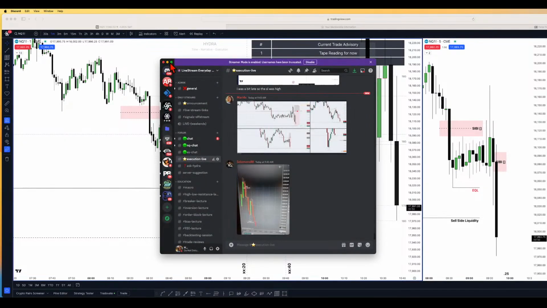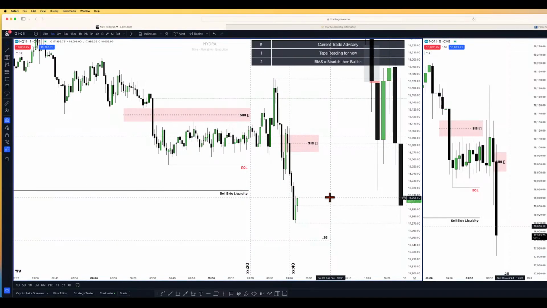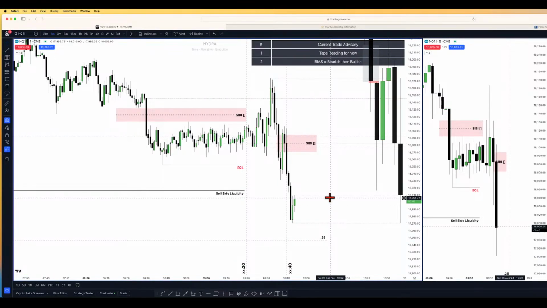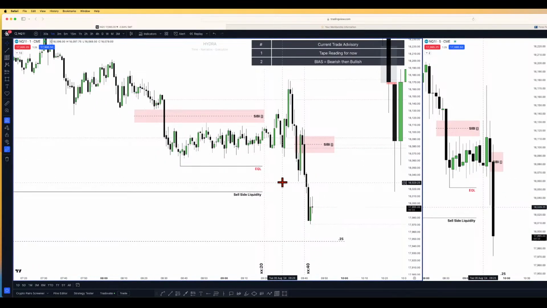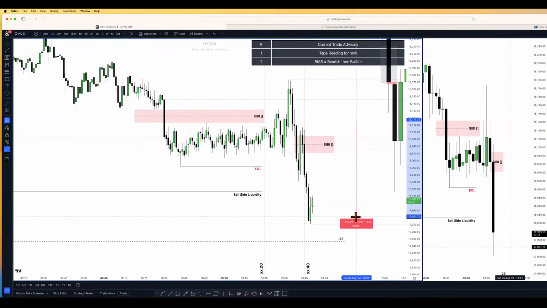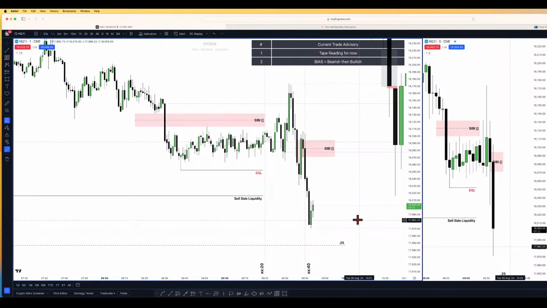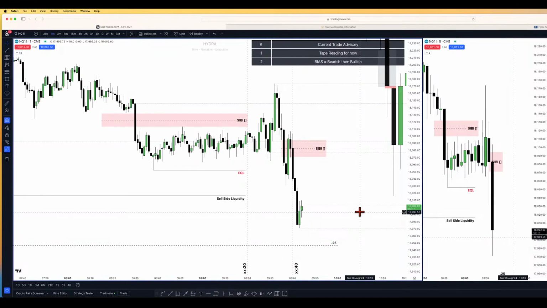Very nice. Damn. It never feels worse than seeing the setup, considering it A plus, and then missing it. It also appeared after 9:30, right after the Judas formed. So the Judas formed here, and then the drop. I'm happy to see some of you were able to take it.